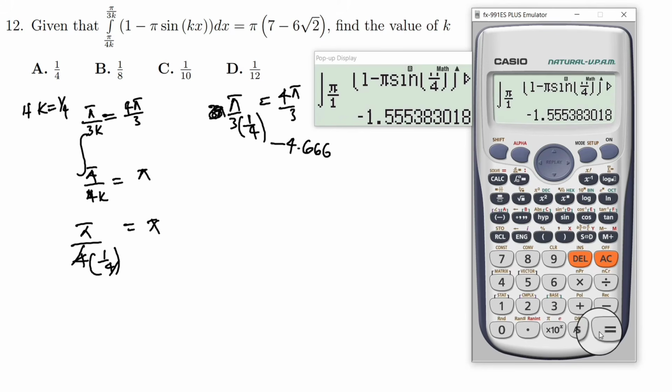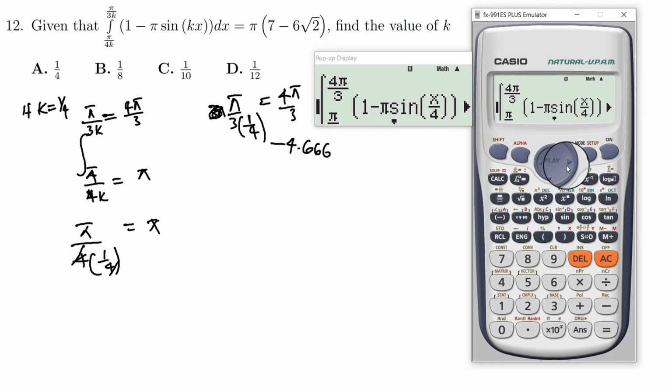So if I press my equals to sign, I have minus 1.55555. So I'm sure that the answer is not 1. Okay, so let me change my k to be 1 over 8. So if I change my k to be 1 over 8, the upper one here will be 8 over 3.